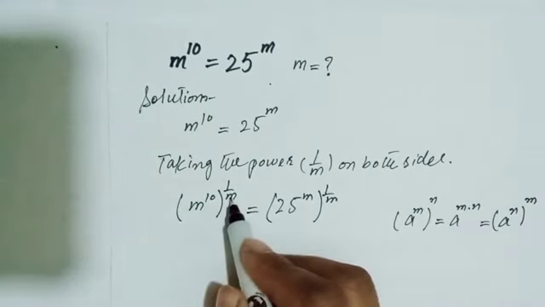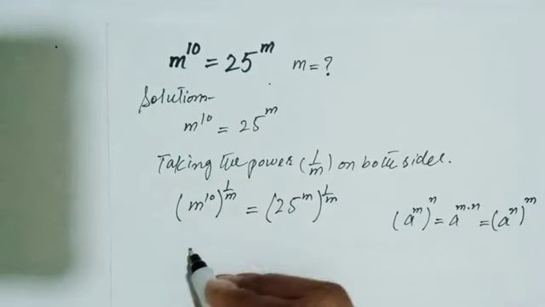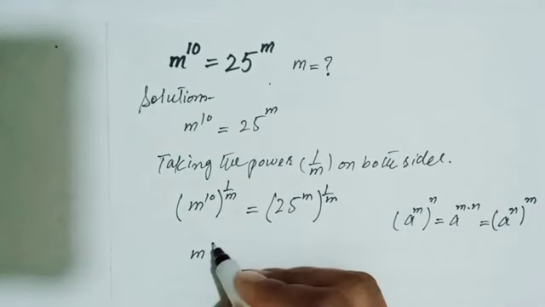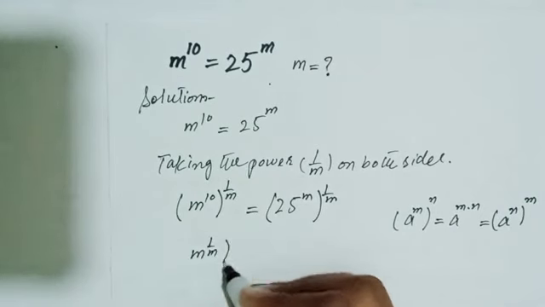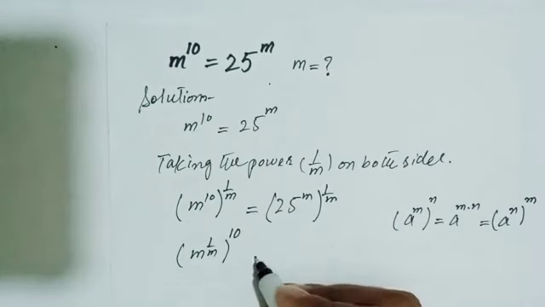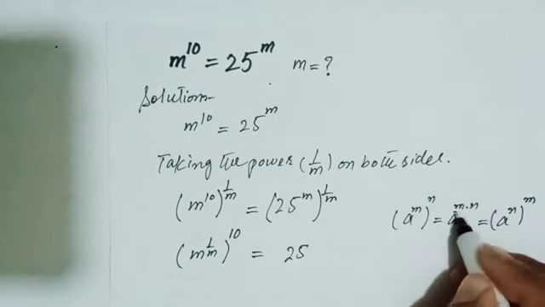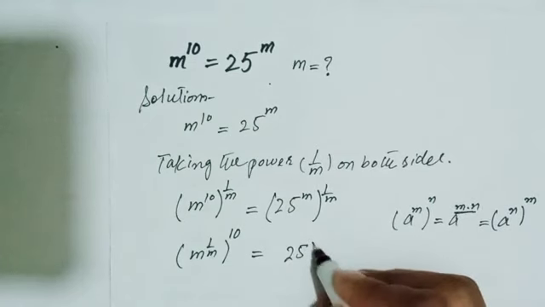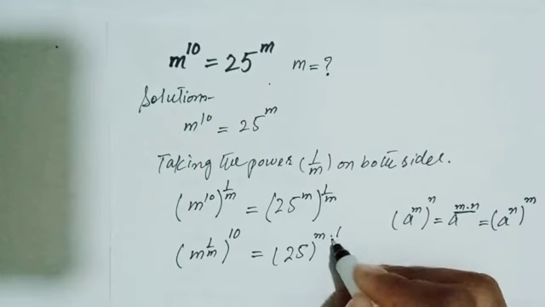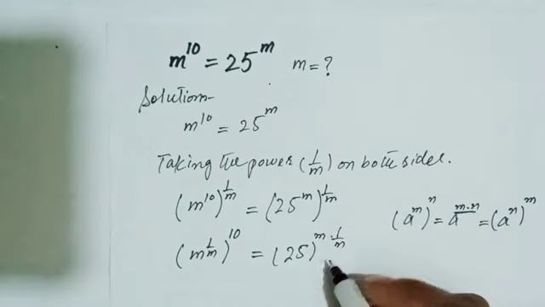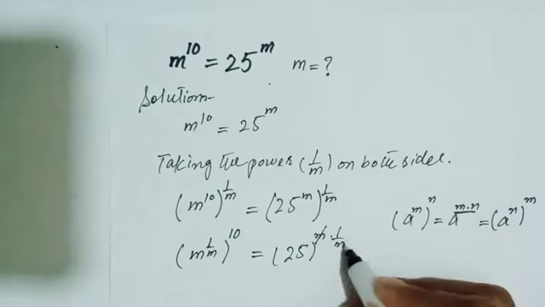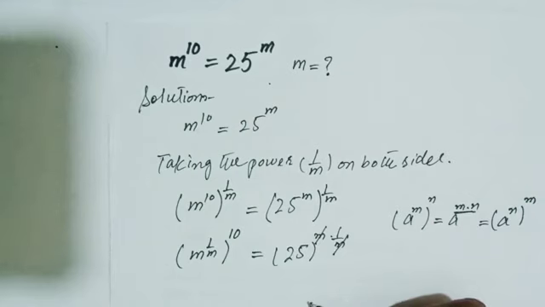So I am going to use this here: m to the power 1 by m to the power 10, which is equal to 25. Here I am going to use this rule, 25 to the power m to 1 by m. So here I can cancel these two, m with 1 by m.